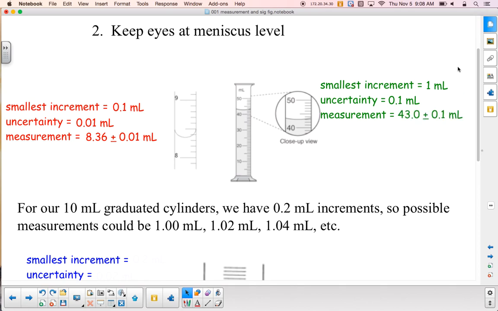I'll do that by writing it as 43.0 plus or minus 0.1 milliliters. Notice that that meets the requirement that my uncertainty and my measurement end at the same place. That means that I believe my volume to be somewhere between 42.9 and 43.1 milliliters.